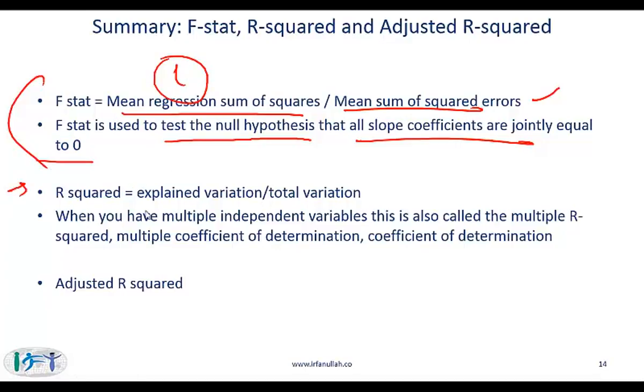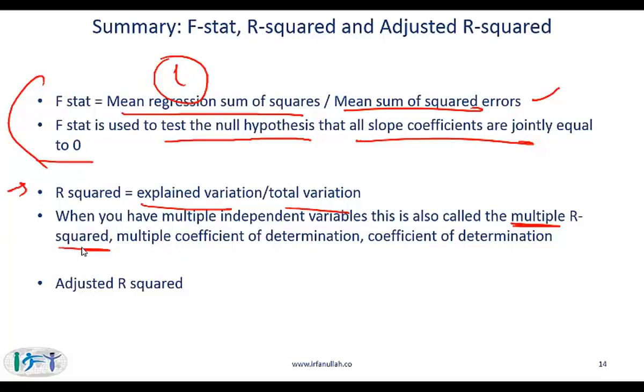Then we talked about R squared. This is the explained variation divided by total variation. When you have multiple independent variables, this is also called the multiple R squared. In the previous reading, we referred to this as R squared, but when you have multiple independent variables, you might hear the term multiple R squared.